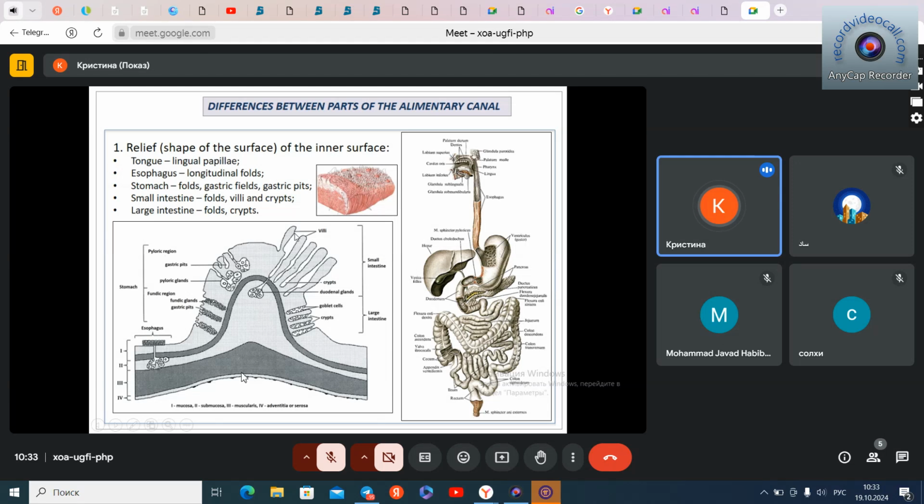Villi are evaginations of epithelium and lamina propria, and the crypts are invaginations of the epithelium into the lamina propria mucosa. In large intestine, we also have folds and crypts. No villi, just crypts.